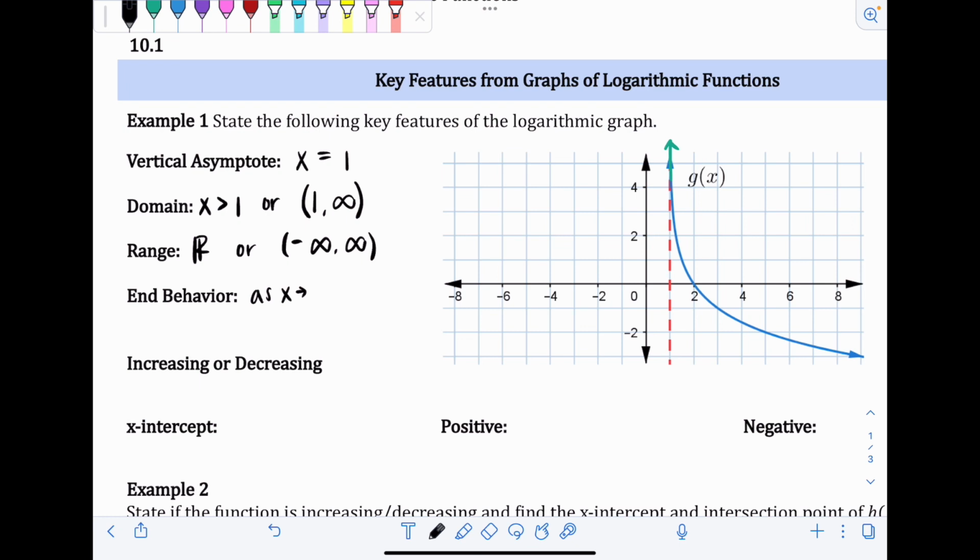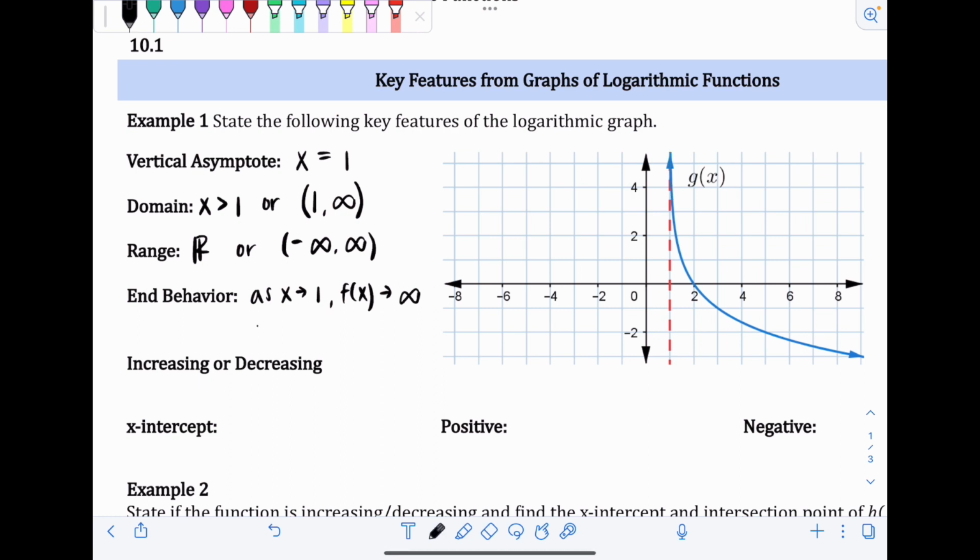It's getting cut off there, which that vertical asymptote was at 1. So that means that x is approaching 1. So that's describing this part of the graph. As x approaches 1, what is it doing? It's going upward. So f of x would be approaching infinity since it's going up.